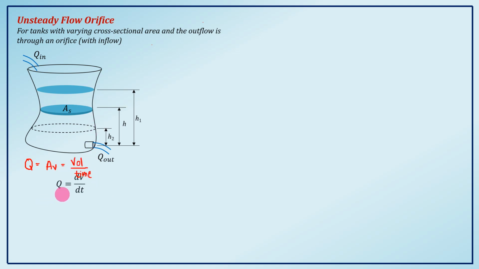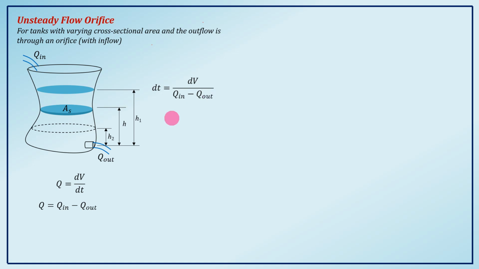We have Q is equal to dV over dt, wherein V here is the volume and dt naman is yung sa equation natin for the time. And the total Q in this sample would be equal to the Q in minus Q out. Madadagdag minus yung nababawas. Yan yung total Q natin. So, let's write this equation and solve for the time. We have dt equal to dV over Q in minus Q out.